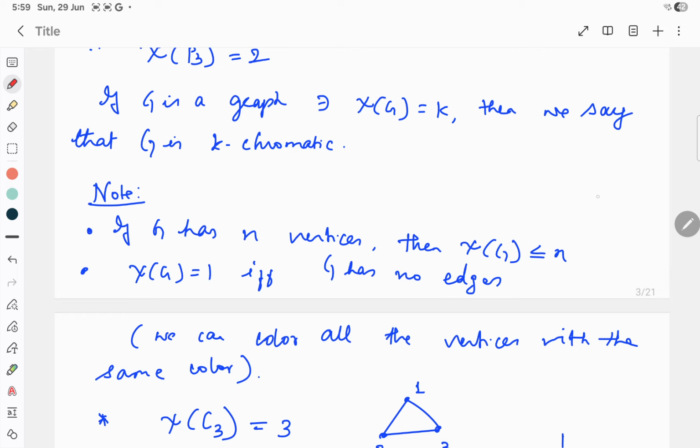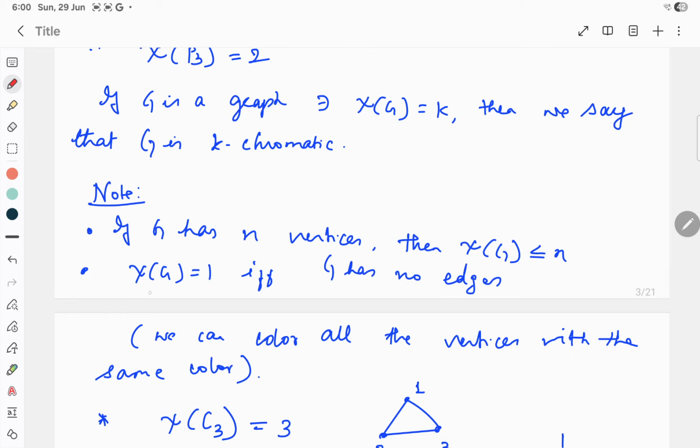Right? Because you have n number of vertices in the graph G. So it may be that each vertex of graph G is colored with a different color, or it may be with less than n number of colors, depending on the graph.